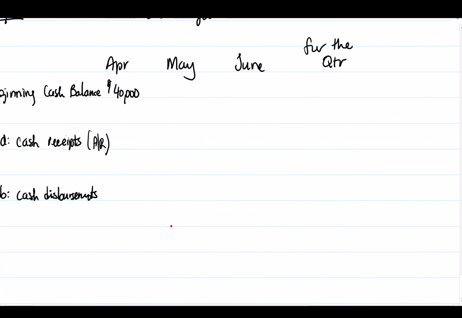All right, so accounts receivable was $340 that we got in cash in April, $436 that we received in cash for May, and $540 that we received in cash for June, for a total of $1,316,000.